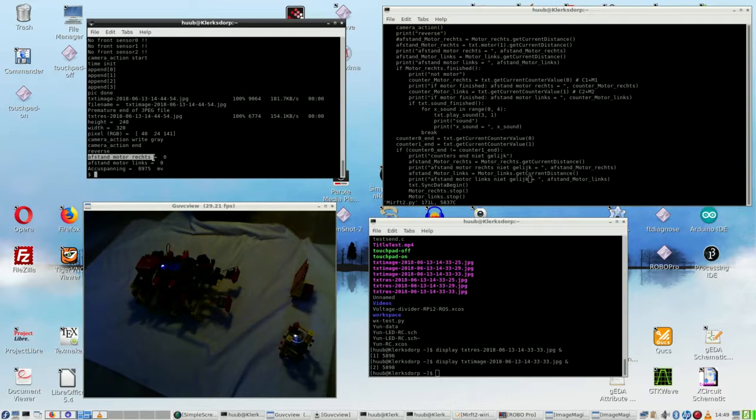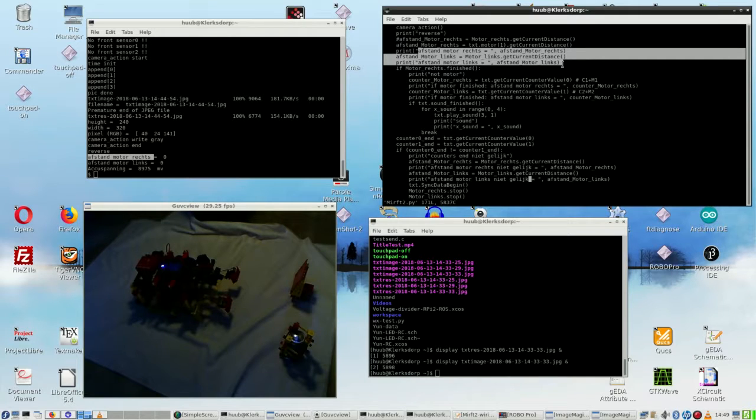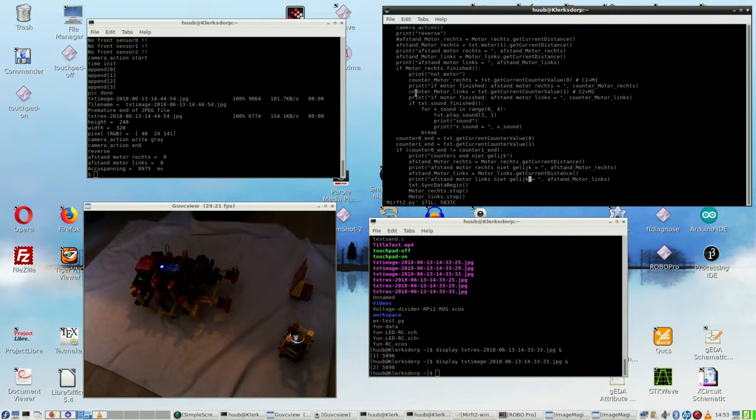So, afstandsmotor rechts is this one. This one is absolutely 0. And the fact that this one is slightly different, I think. Let's see, this one is motor links, this one is TXT motor 1. Yeah, but they are both 0.